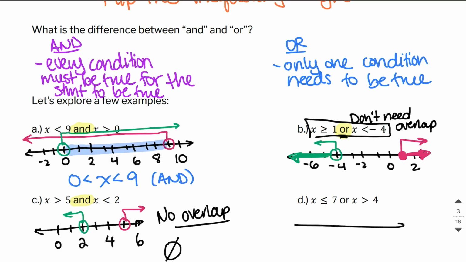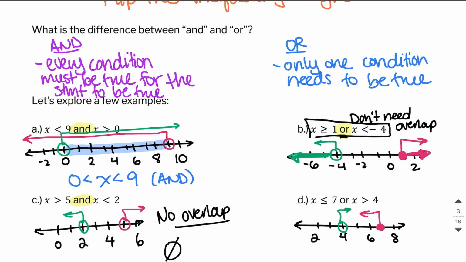And then in our last example here, x is less than or equal to 7, or x is greater than 4. So we'll go from like 2 all the way maybe to 8. If x is less than or equal to 7, it would go like this, and x is greater than 4 would look like this.